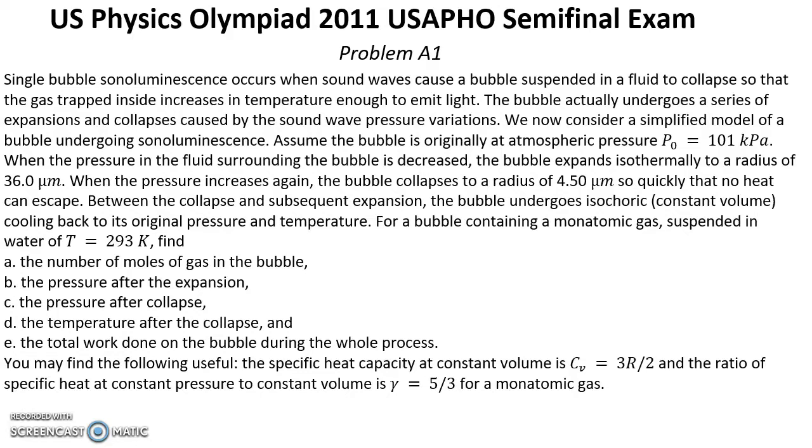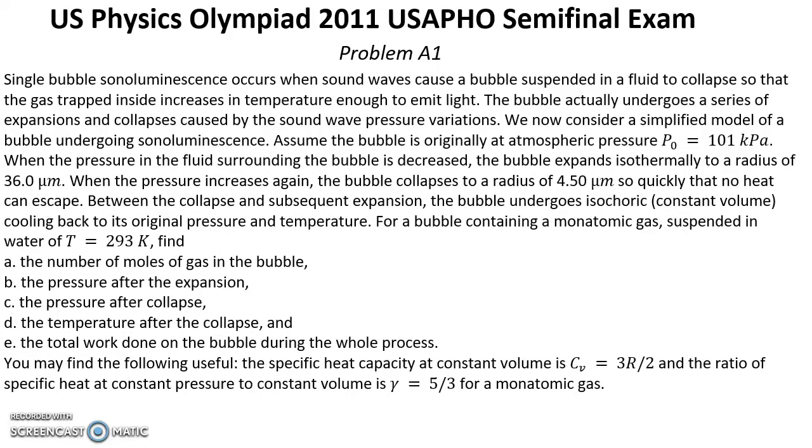pressure and temperature. For a bubble containing a monatomic gas suspended in water of temperature T equal 293 Kelvin, find A, the number of moles of gas in the bubble; B, the pressure after the expansion; C, the pressure after collapse; D, the temperature after the collapse; and E, the total work done on the bubble during the whole process.